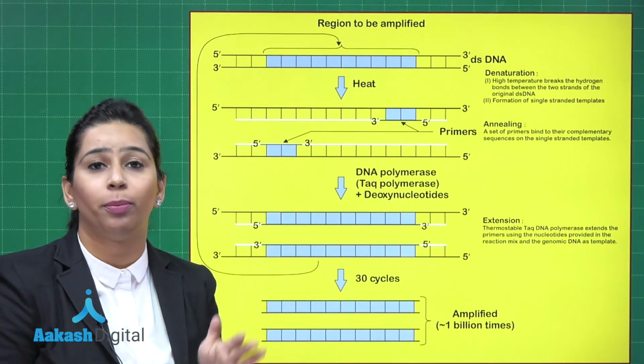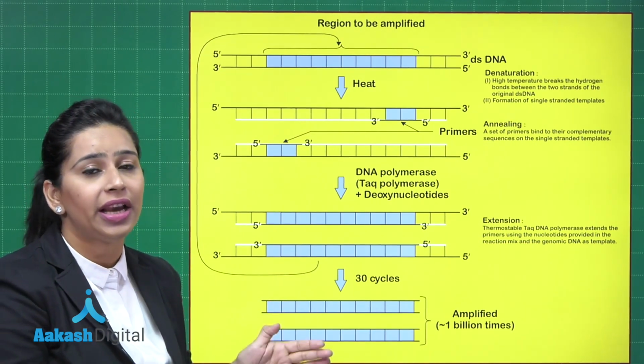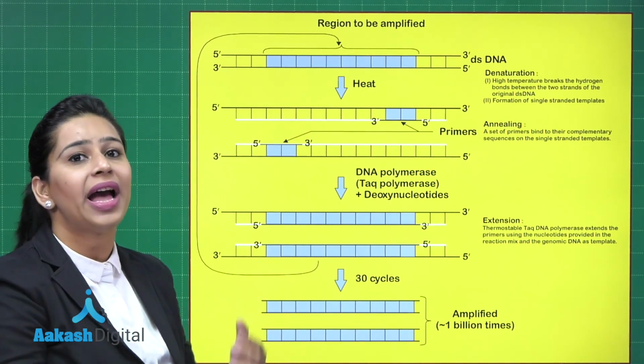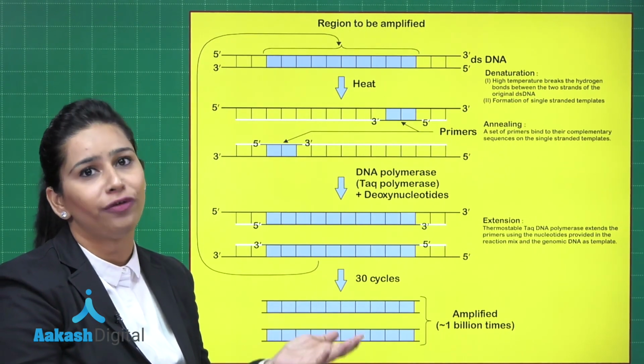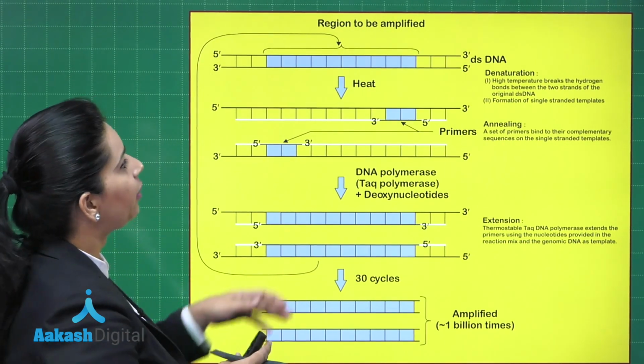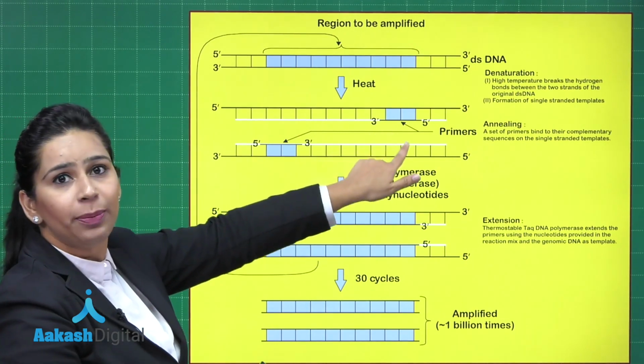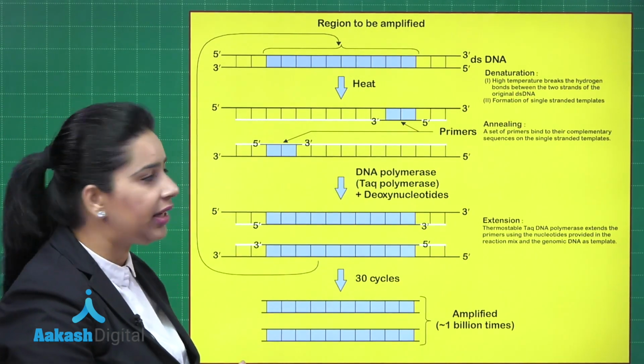What is a primer? A primer is a single-stranded DNA or RNA that acts as the site of starting of DNA replication. So the primer gets attached to the 3' end of the single-stranded DNA.